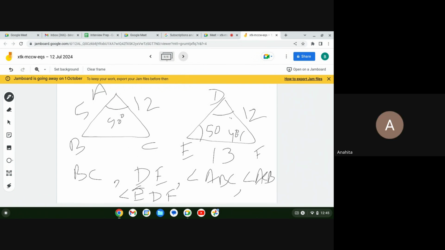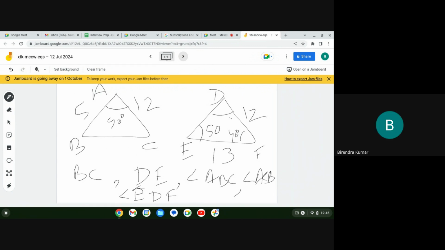Okay, I think I got it. Wonderful. Tell me what the values are. BC should be 13.